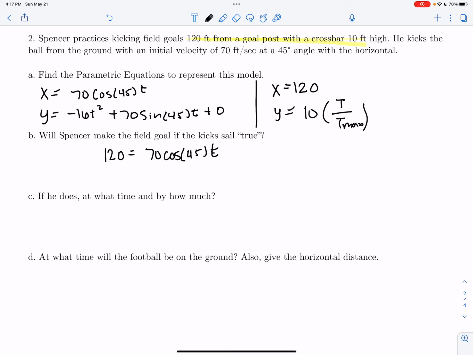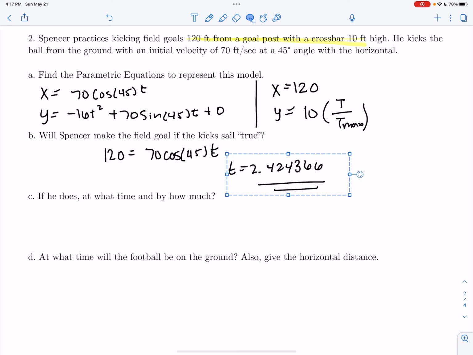So that would be saying 120 divided by 70 cosine of 45. That's going to give me t being 2.424366, which is close enough to what our graph was.